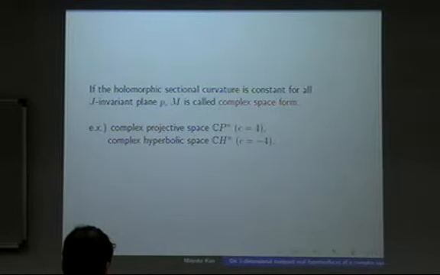And if the holomorphic sectional curvature is constant for all J-invariant planes P, then the Kählerian manifold M is called a complex space form. For example, when the holomorphic sectional curvature is positive, then it is complex projective space. If c is equal to -4, then it is complex hyperbolic space.